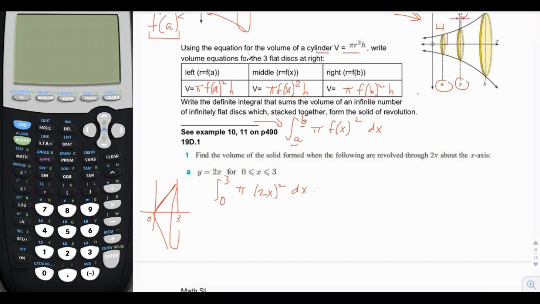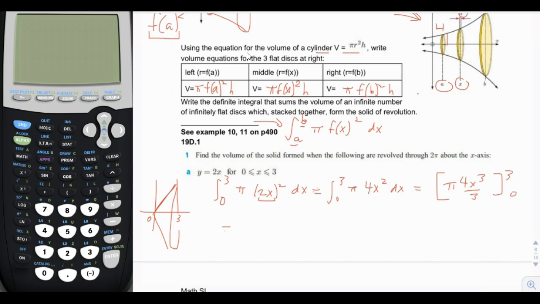And so that's going to be, we can multiply that out. So we're going to have the integral from 0 to 3 of pi 4x squared dx. And so the integral of 4x squared is going to be 4 times x cubed over 3. And then, of course, we have pi here. And then we can evaluate that from 0 to 3.